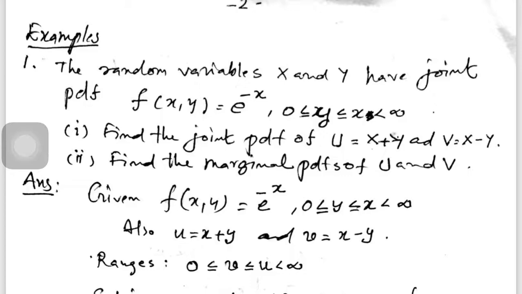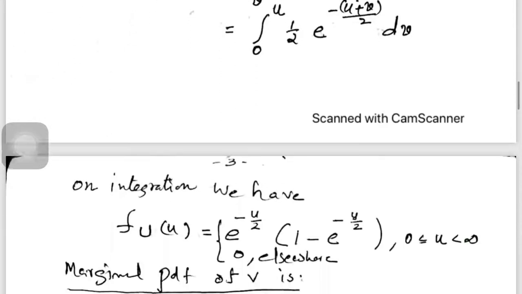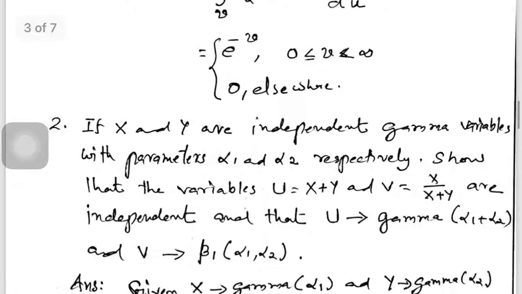And if x and y are independent, you can find the joint density by multiplying the marginal density of x and the marginal density of y. We will do more problems of this kind and others in the next video.